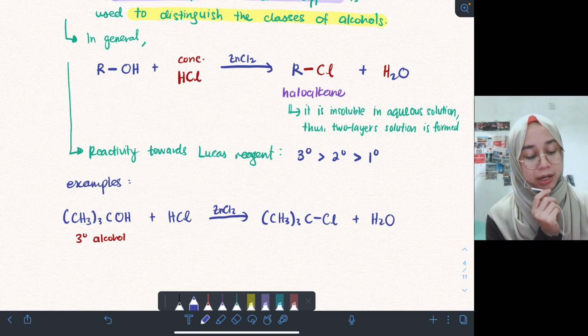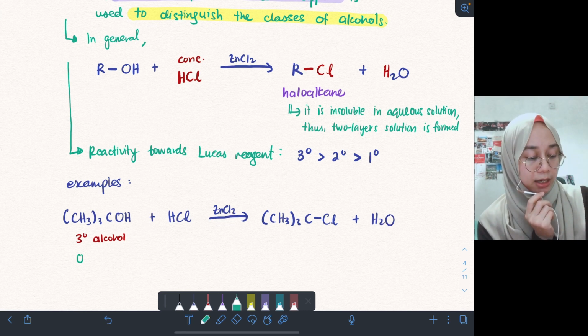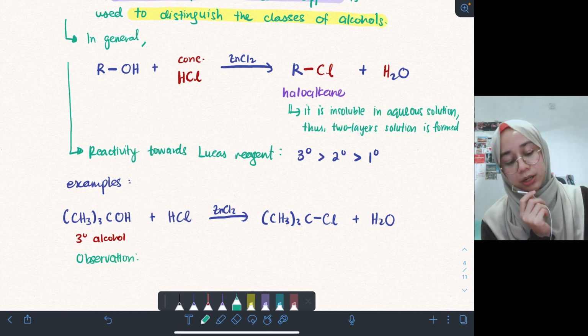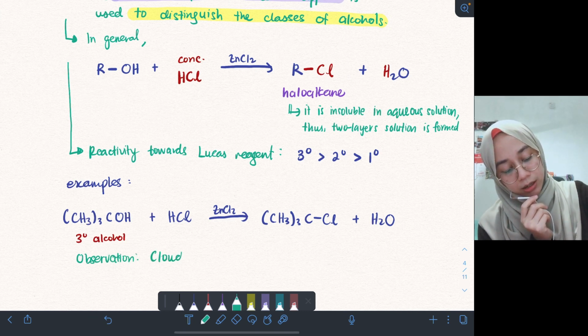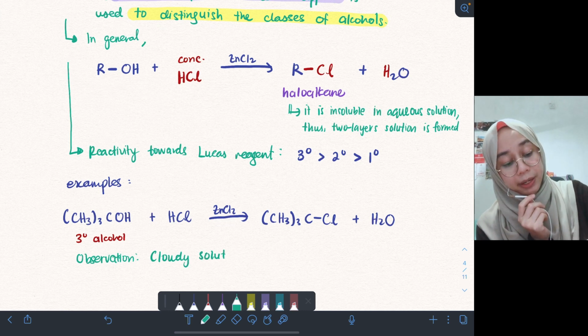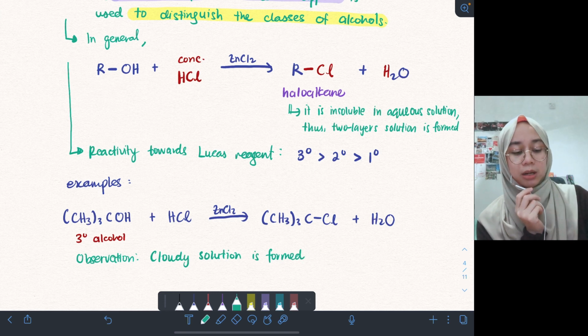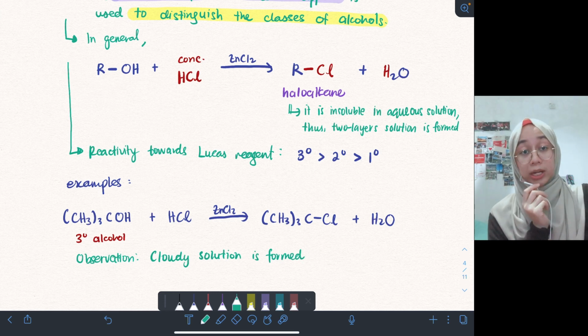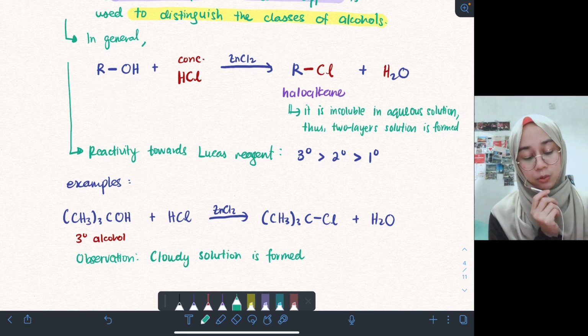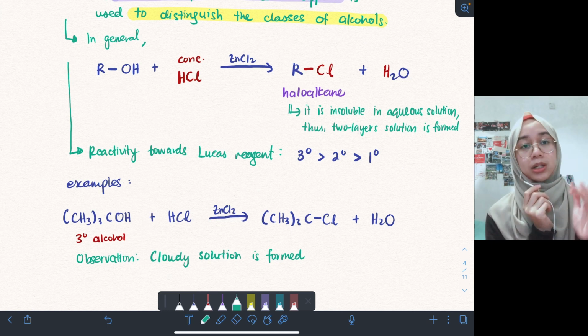Okay, so apa yang kamu akan observe dekat sini nanti adalah untuk kita punya tertiary alcohol ni, cloudy solution is formed immediately. Once kamu masuk je HCl, Lucas reagent ke dalam tertiary alcohol tu, automatically you will produce a cloudy solution.